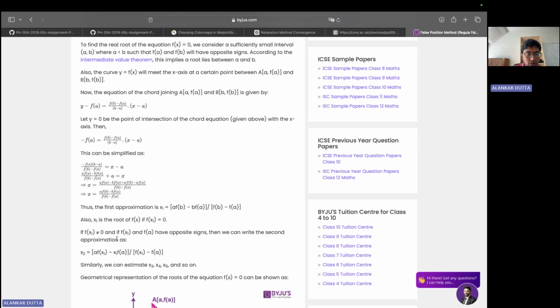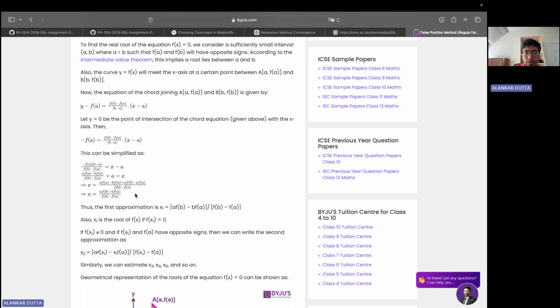If f(x1) is not equal to 0, and if it has opposite sign to f(a), then we write the second approximation as this. Similarly, we estimate this and so on. Okay. So then we are going to discard the one root and take the other root depending upon the sign. So this is roughly the idea of regula falsi.